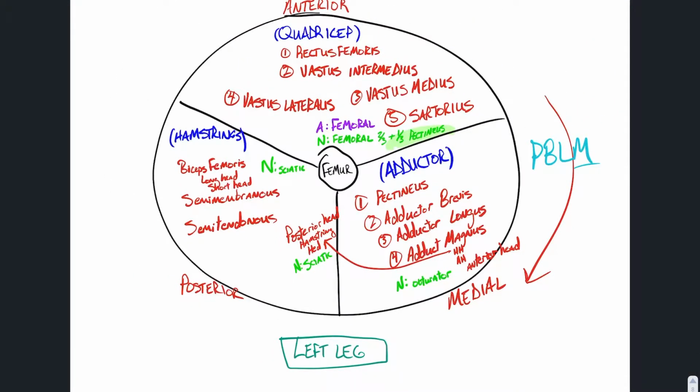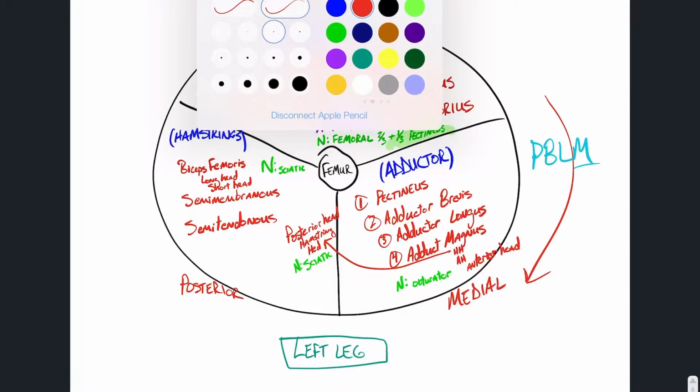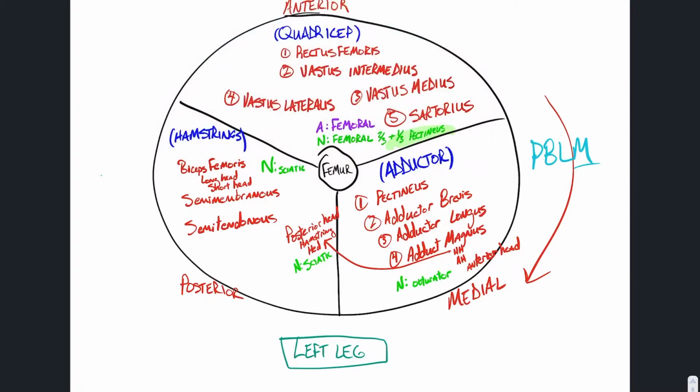Now, if we go back to the posterior side of the left leg, thinking hamstrings group, BSS was the first letter of the muscles, BSS. So I'd have biceps femoris, very good. And there's a long head and a short head, all innervated by what nerve?